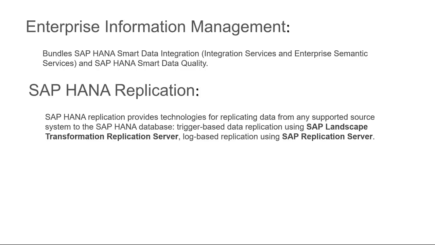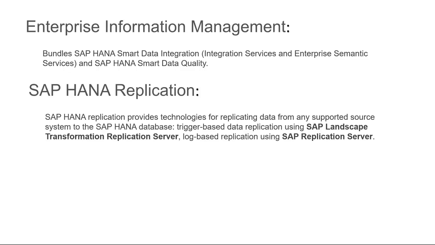Next, we also have HANA replication. I think you already heard about SLT or something, right? Good. SAP also gives you the flexibility of integration with replication servers, with SLT or the SAP replication server. By leveraging the SLT server, we can replicate data in real time from different applications into HANA.